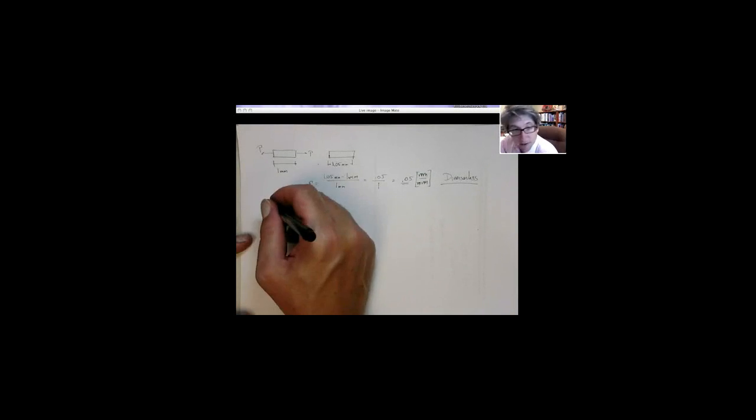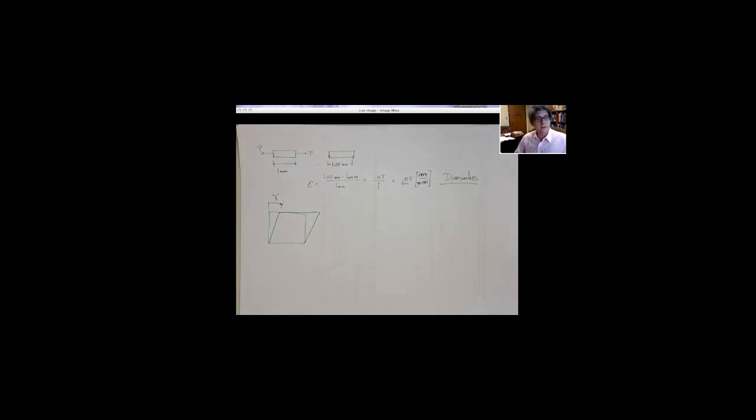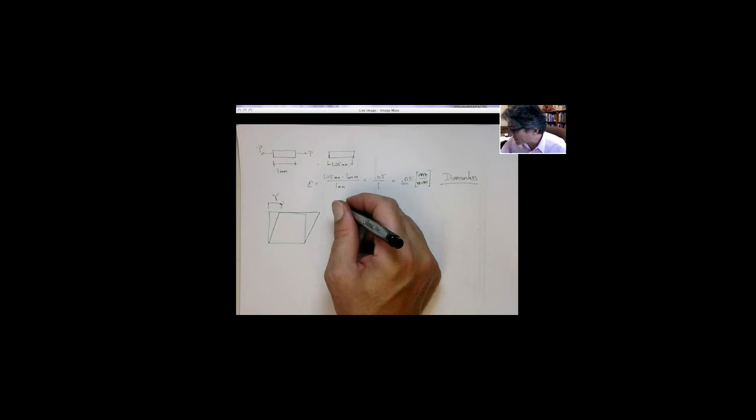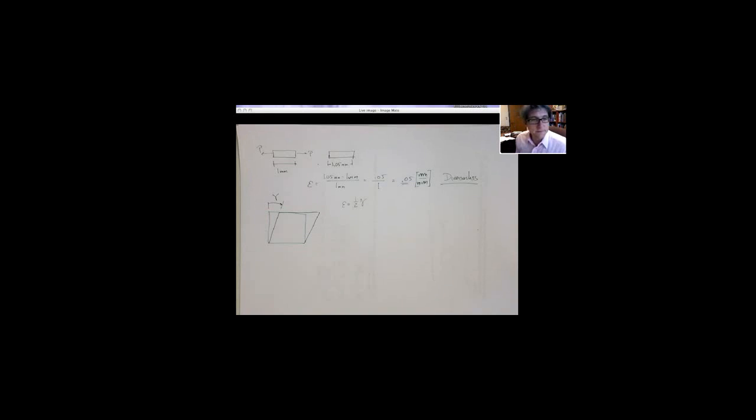So this angle here is the engineering shear strain. This is in contrast. There's another thing called the shear strain, which is the real tensorial quantity, and that turns out to be 1/2 gamma. But we won't use that often in this class. Mostly we'll be using gamma, which is the angle change.